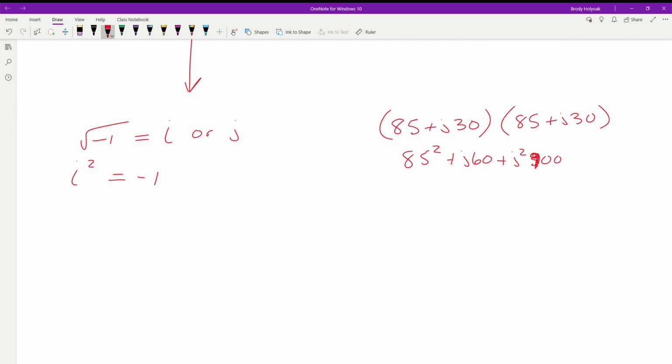So now we have this problem, but we have a j, which we know is the square root of -1. All it's doing is designating an imaginary value. It doesn't exist on the same plane; it's on a different phase, really. But we have j squared, which is -1. So this becomes -900. Now these two values add up, and we come back down to a single value with an imaginary portion to it.